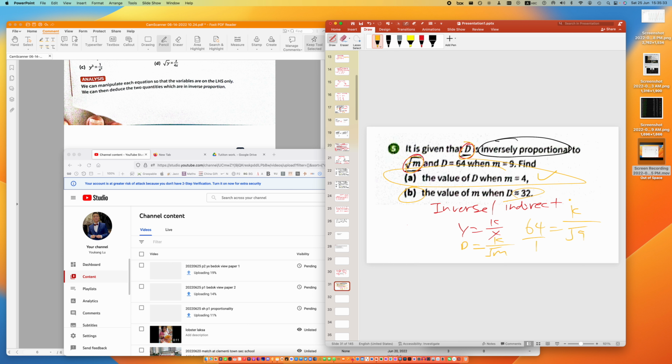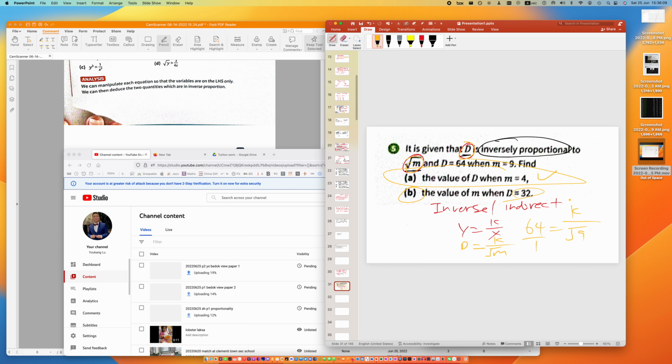Cross multiply. 32 times square root m. Just write down 32 times square root m times square root m.